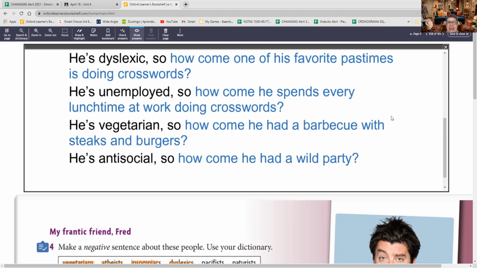Yeah. So it's not that simple. All right. And here he's a vegetarian, so how come he had a barbecue with steaks and burgers? And here he's antisocial. So how come he had a wild party?